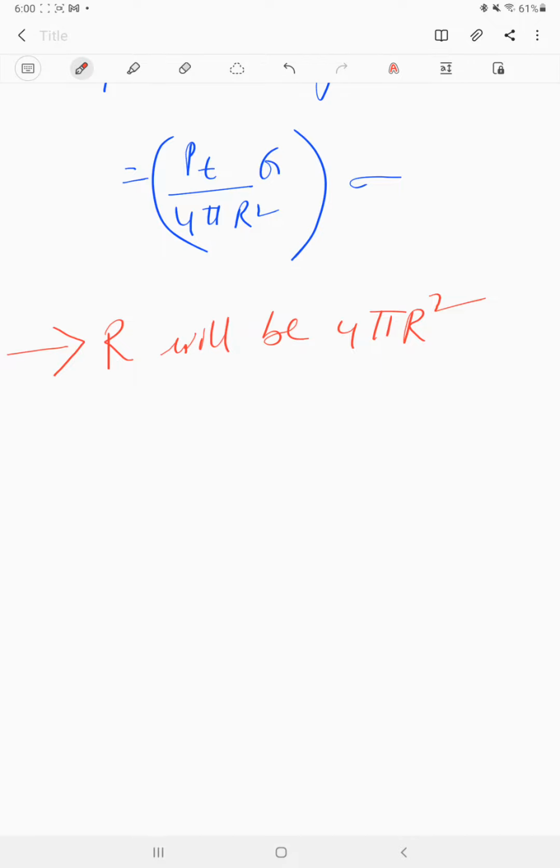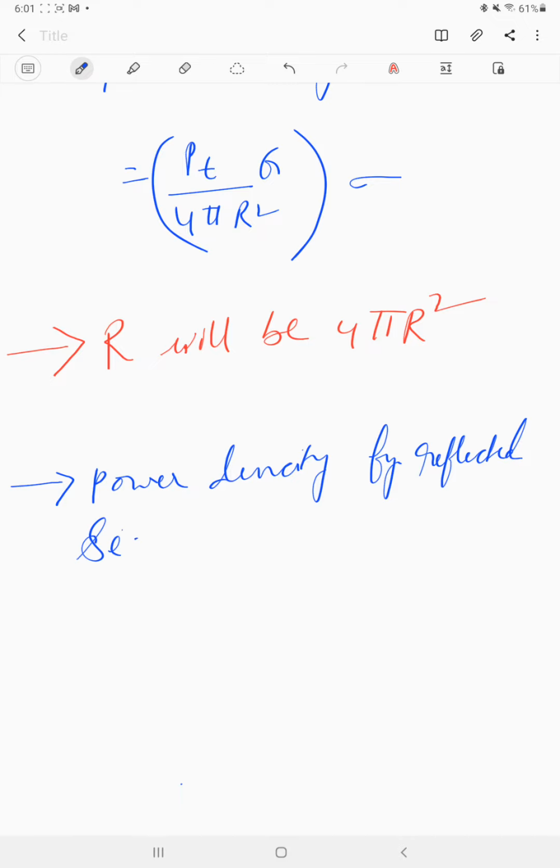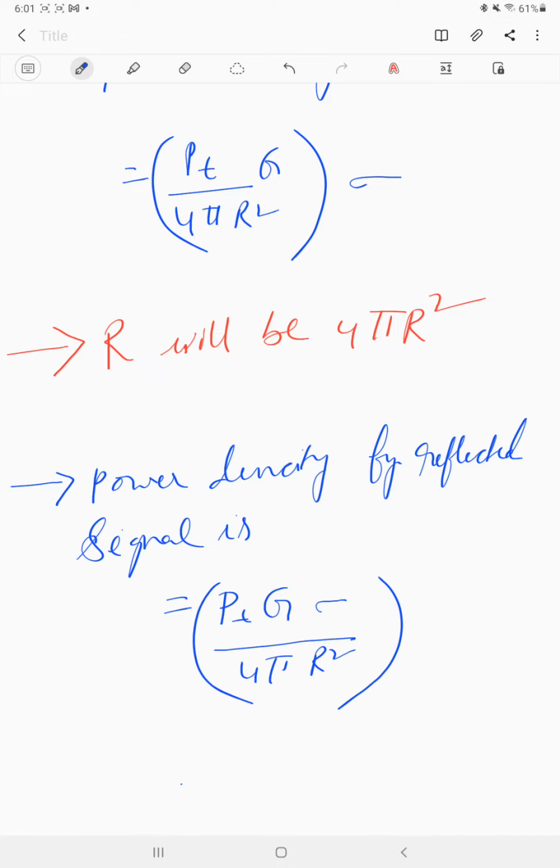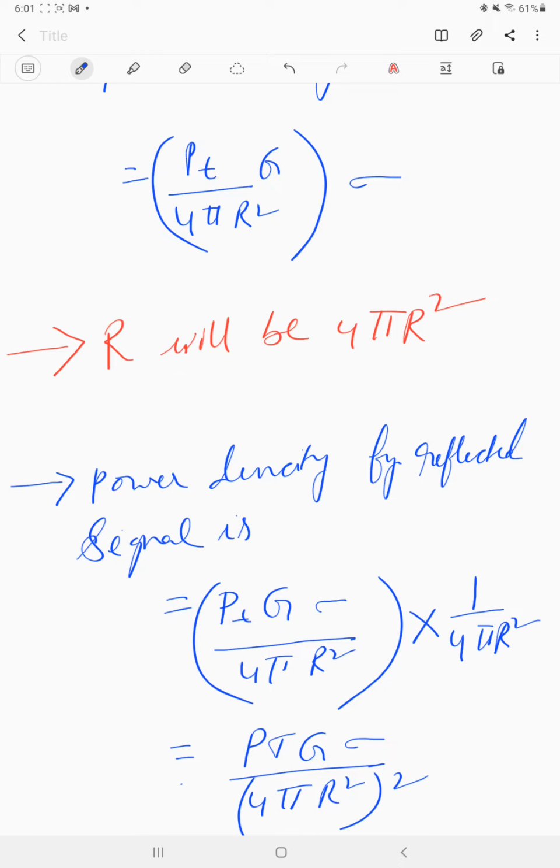So the power density by the reflected signal is equal to P T G sigma by 4 pi r square into 1 by 4 pi r square, which is equal to P T G sigma by 4 pi r square whole square.